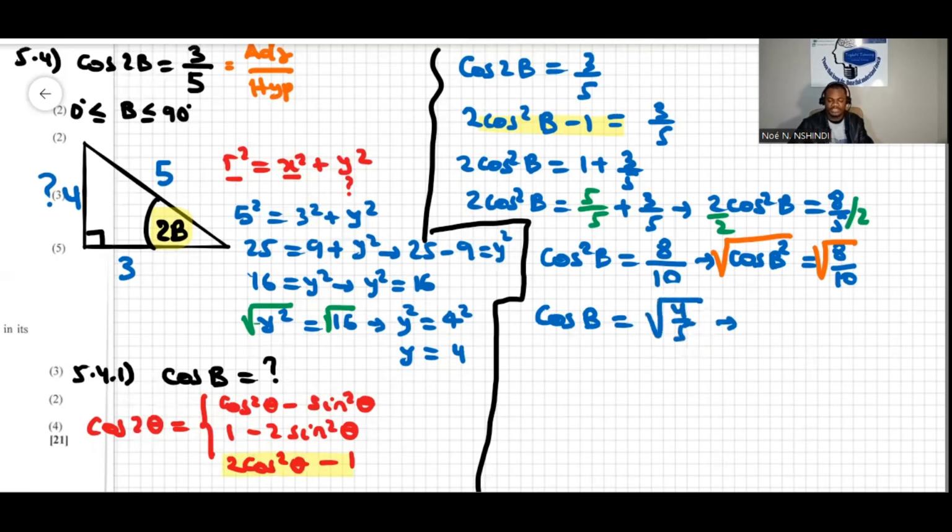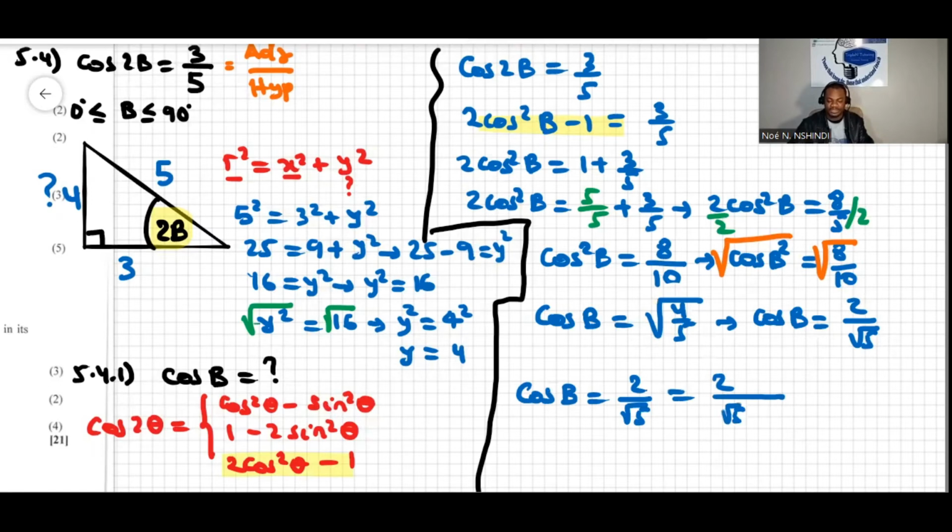Yes, and then this makes cos b equal to 2/5. So cos b equals 2/5, or someone will prefer to rationalize. We can also write 2 over √5.